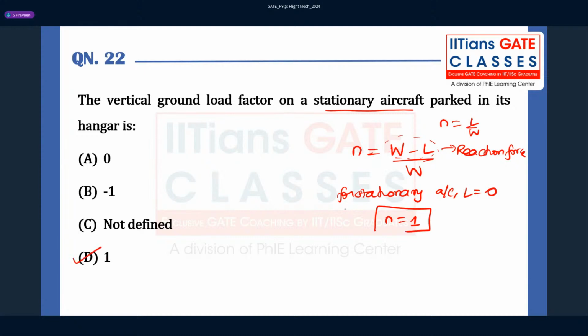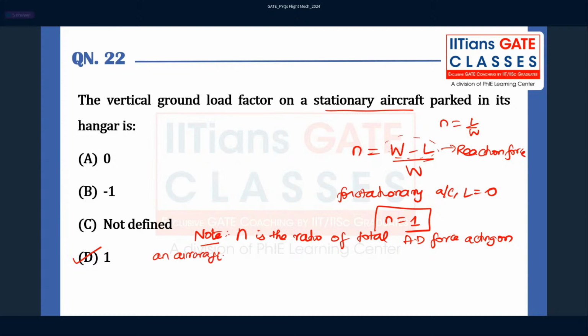So you can just write a note in here, right? So the load factor N is the ratio of the total aerodynamic force acting on an aircraft to the weight of the aircraft.